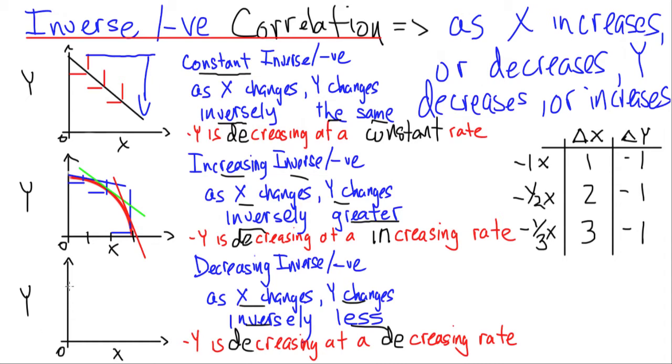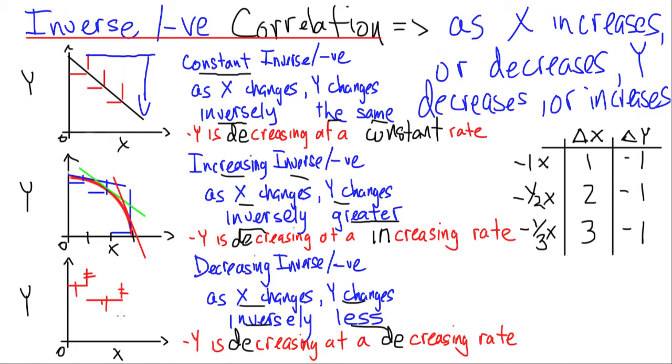As x increases by 1, y decreases by 1. As x increases by 2, y decreases by 1. So these two portions are the same, and this is 1 unit, this is 2 units.